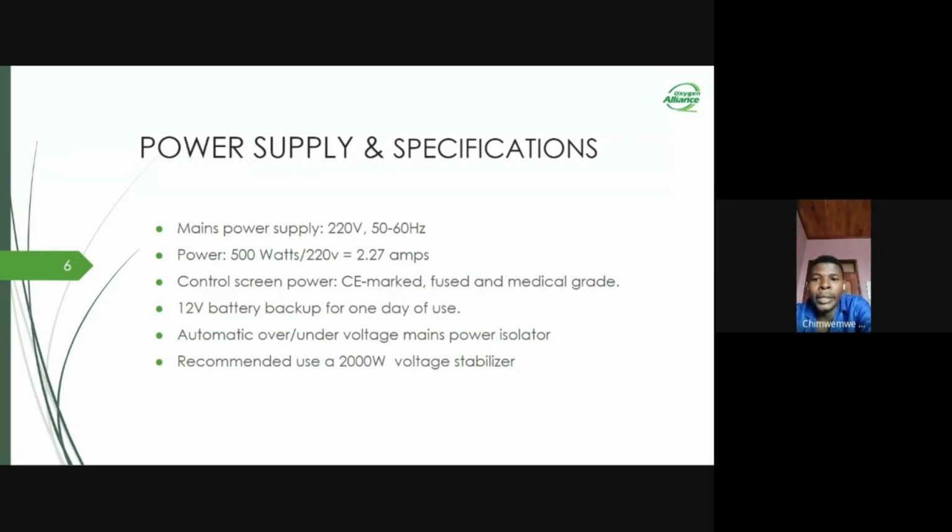This system features a medical grade control screen equipped with a backup battery of 12, which is an automatic voltage switcher. Detailed explanations of these components will be provided later in this presentation.